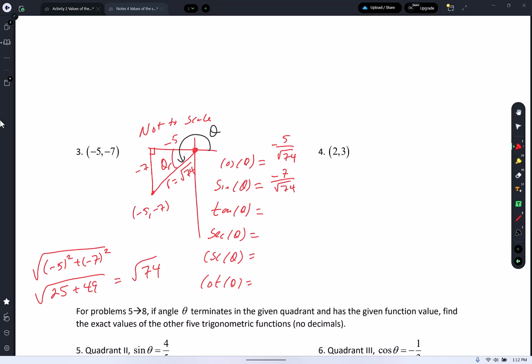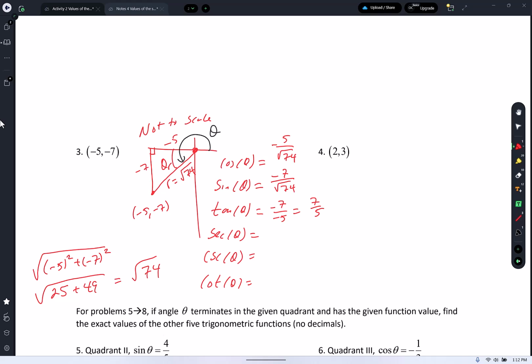Let the reference angle help you out to decide what's opposite. What am I going to write for tangent? The other way around. Opposite over adjacent. Negative 7 over negative 5. Negative divided by negative? Positive. Don't worry. If you would have written a negative over negative, I would have counted it correct anyways. But you always want to simplify it to the simplest form.